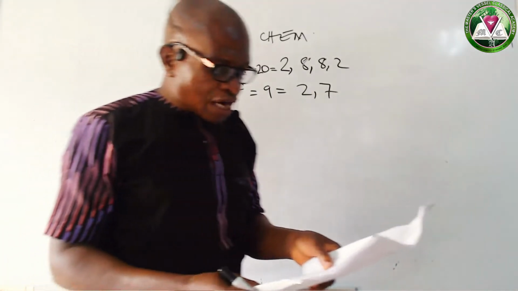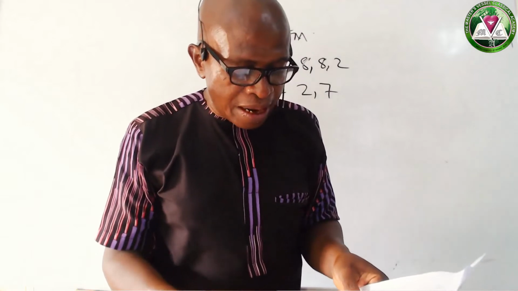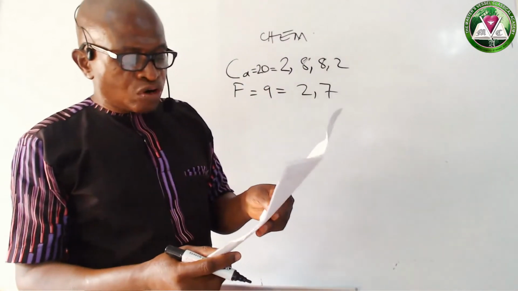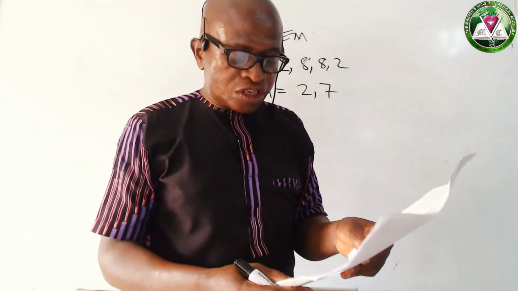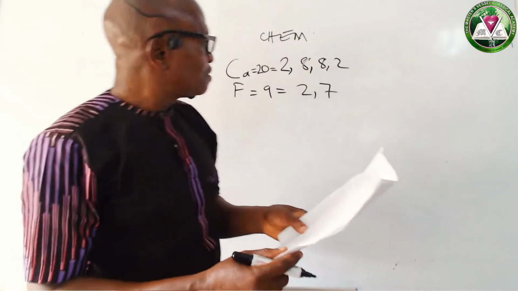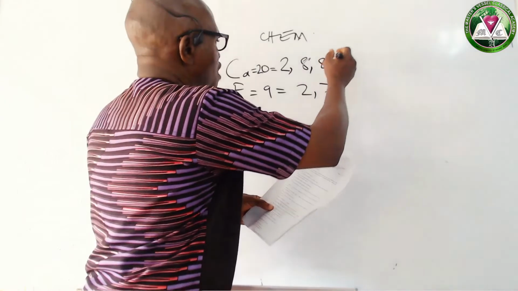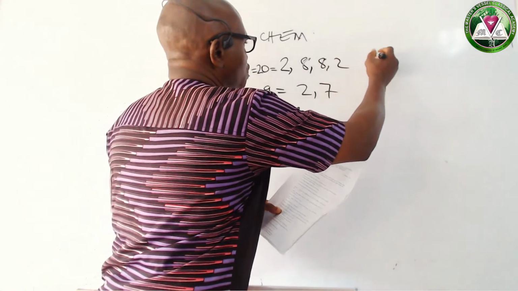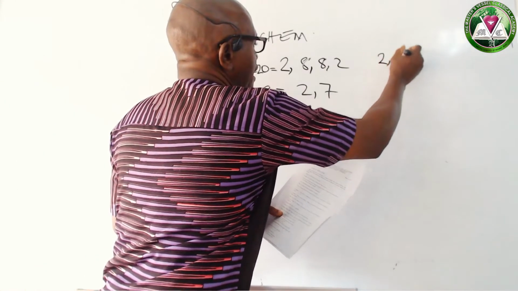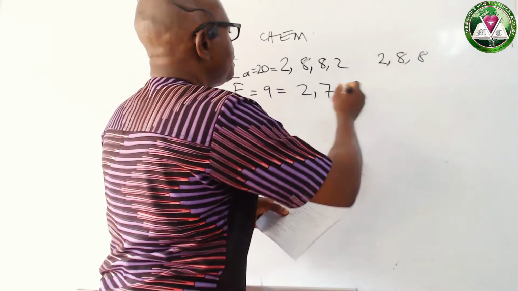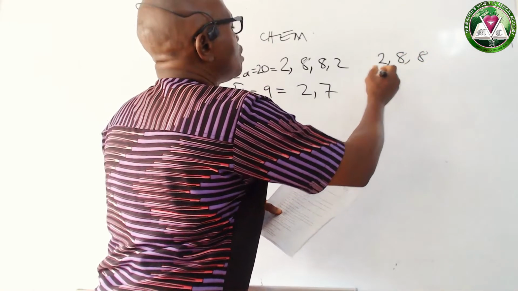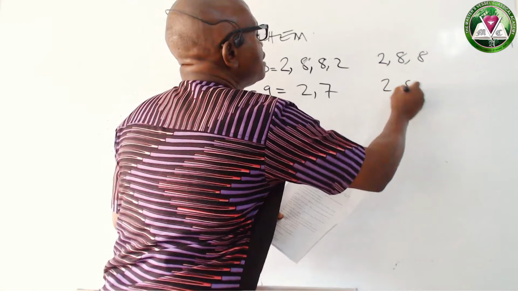Therefore, the question says, when calcium and fluorine form ions, which noble gas configuration does each ion have? When calcium forms an ion, it will lose 2 electrons to give you 2, 8, 8. Fluorine will gain 1 electron to give you 2, 8.